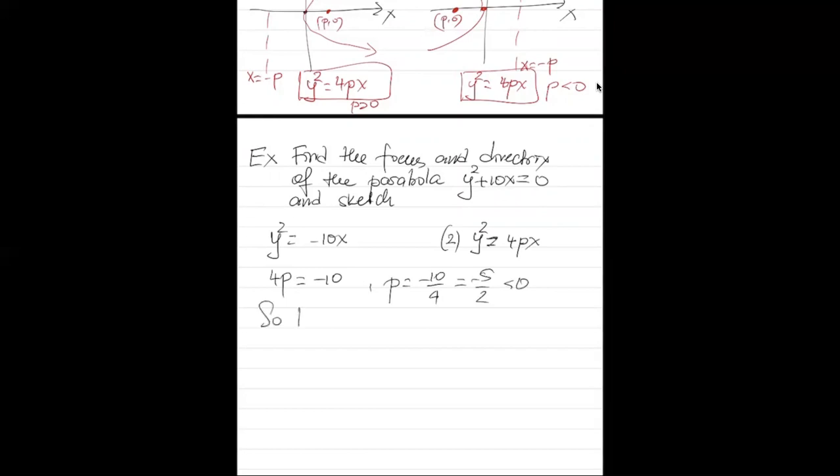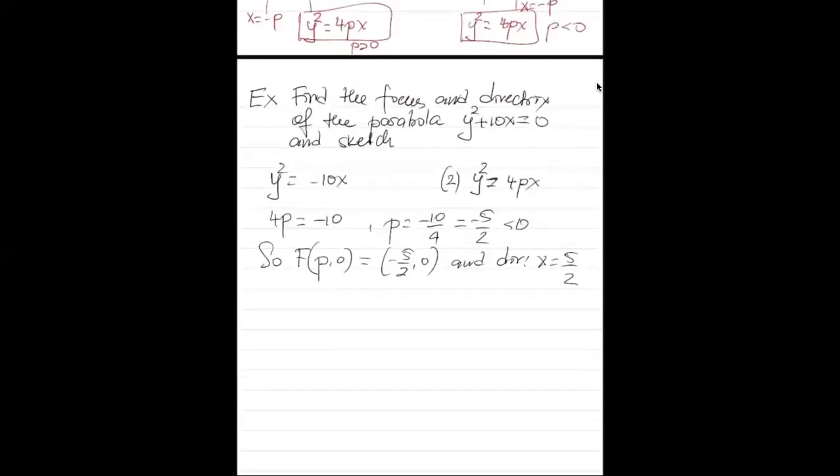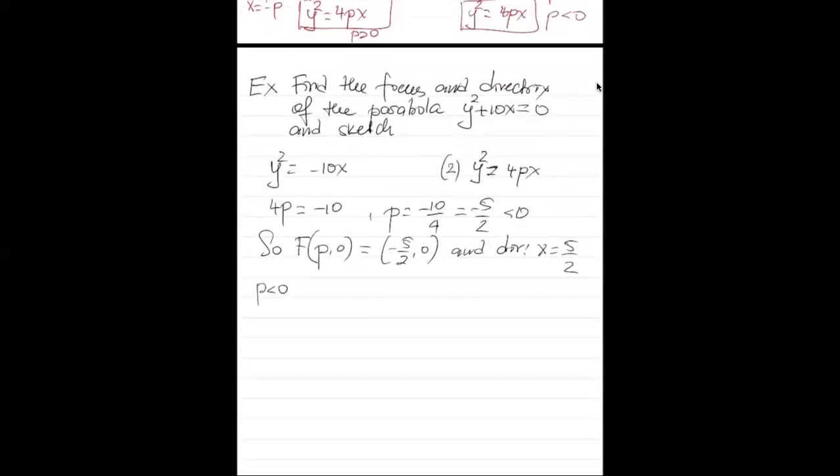So our focus will have coordinates (p, 0), or (negative 5 over 2, 0), and the directrix with equation x equals 5 over 2. So p negative means the parabola opens to the left, just like in our case over here.